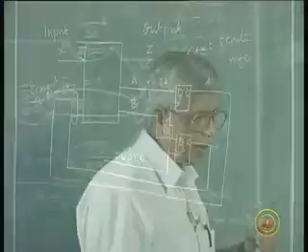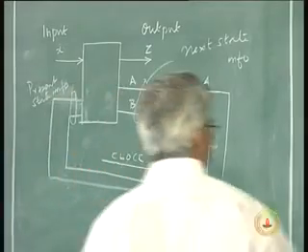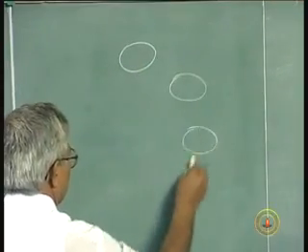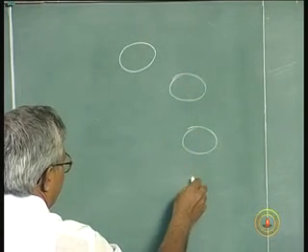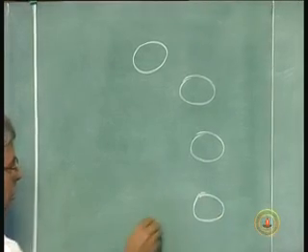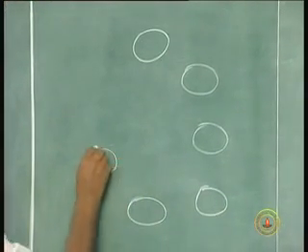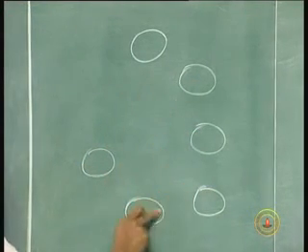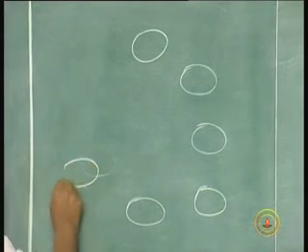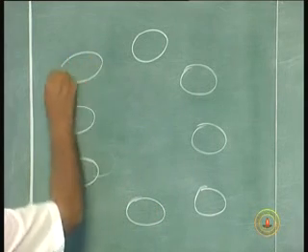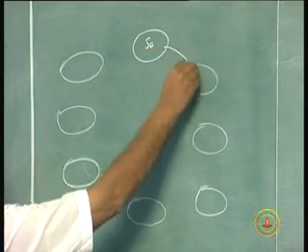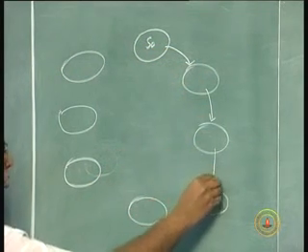So if I want to draw a simple counter state graph, I will make it a simple 3-bit counter. I don't want to go on drawing. Let us say this is S0, no input.